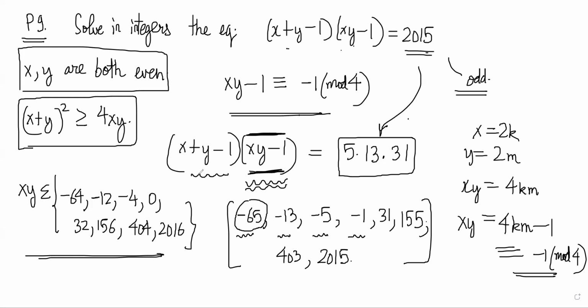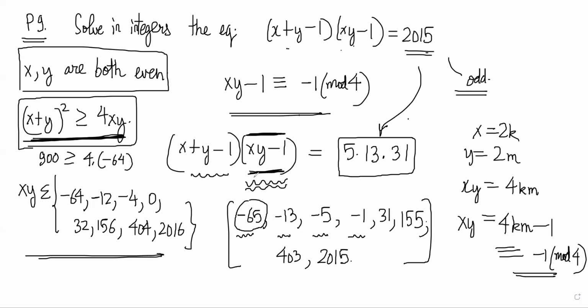Then you have to check whether x plus y whole square is greater than or equal to 4xy. So 900 should be greater than or equal to 4 times -64, which is true in this case.